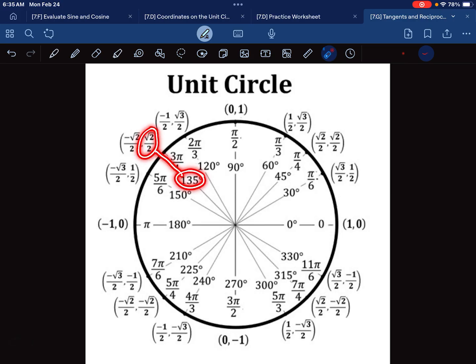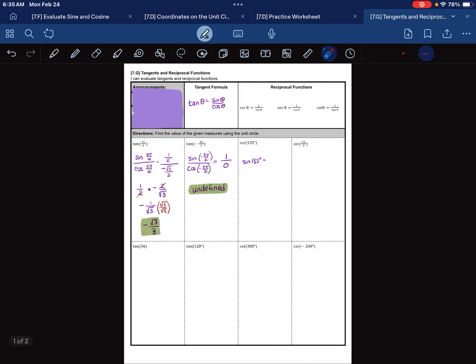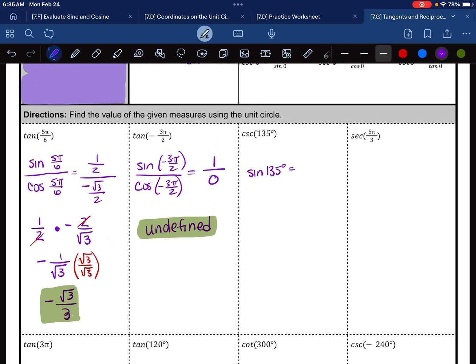So the sine is the y value, which is root 2 over 2. Now the reciprocal function means that you flip that upside down. So the cosecant of 135 degrees is equal to 2 divided by root 2, but we don't like that. That's icky, right? Because we have a radical in the bottom. So I'm going to multiply by root 2 over 2 to get rid of it.